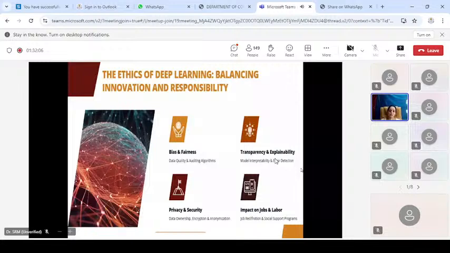See, as deep learning models are becoming increasingly complex, grasping how they arrive at predictions is becoming more challenging, right? So we have to ensure there is transparency and explainability, which is crucial for building trust in these technologies and guaranteeing their ethical usage.